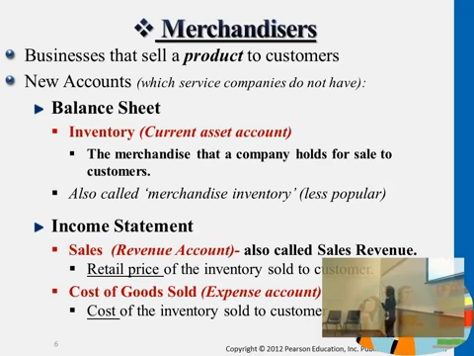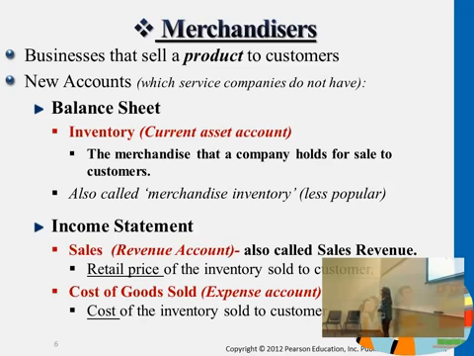Just remember that it's similar to the idea of what we mentioned earlier: supplies purchased earlier are an asset, and then when we use them up, we call it supplies expense. Or in chapter 3, we also mentioned the prepaid insurance asset account or prepaid rent account. Then when we use them up, it's called rent expense or insurance expense.